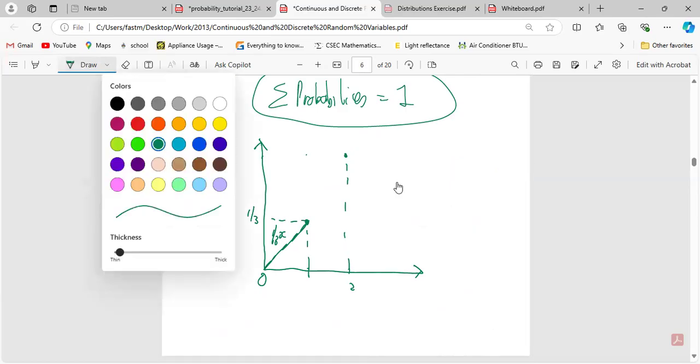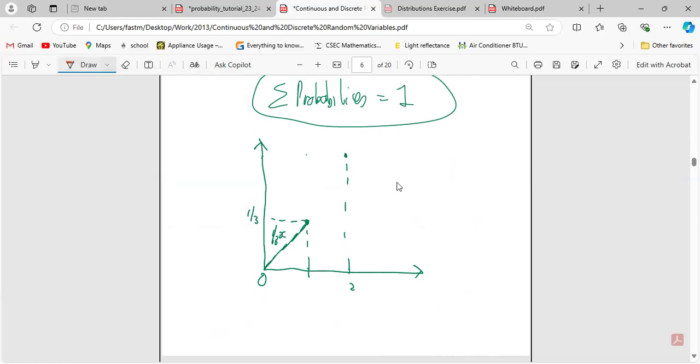And the second piece ended up here. This one was 2/3 x minus 1/3. And if you plug 2 into this to get the y value, you get 4/3 x.